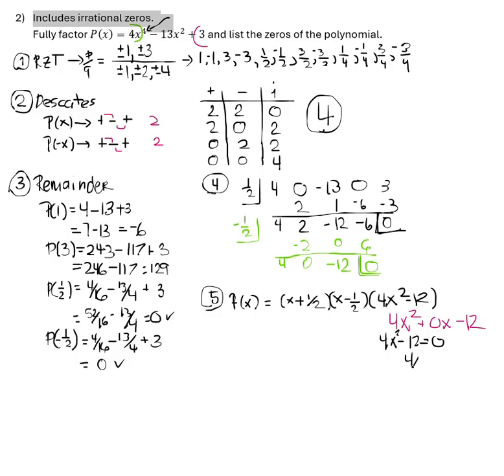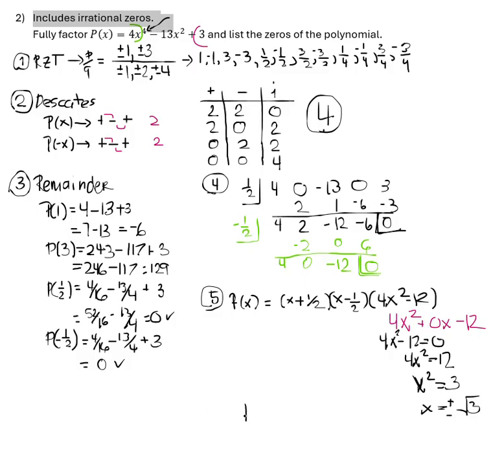And then we would have 4x squared is 12. Divide both sides by 4, x squared is 3. And then I can take the square root of both sides, so x would be the square root of 3. But I have to include both the positive and the negative value because we don't know which one works.